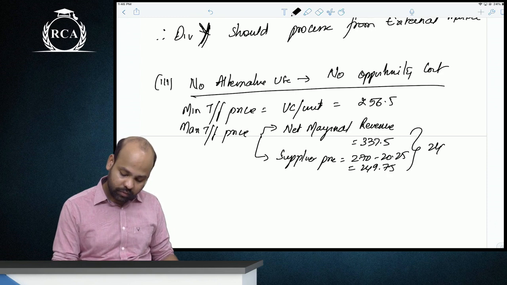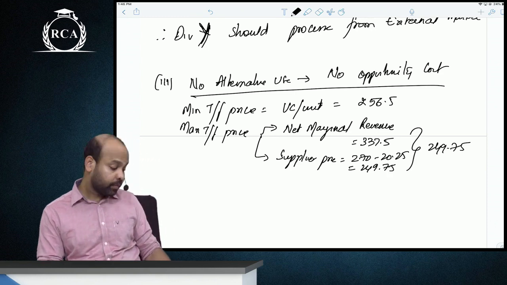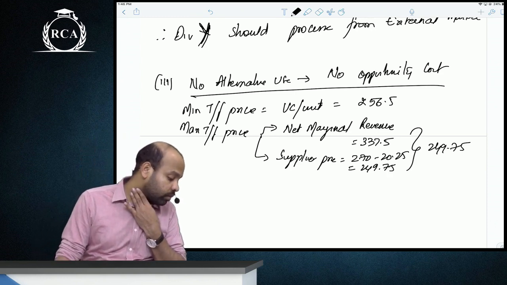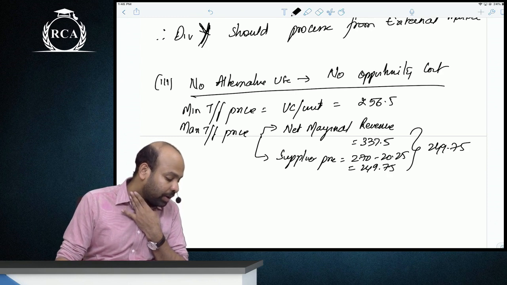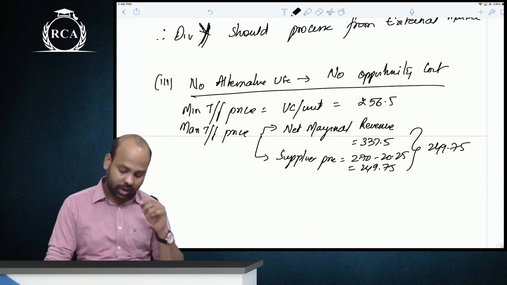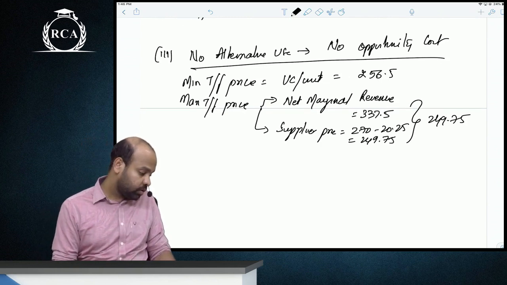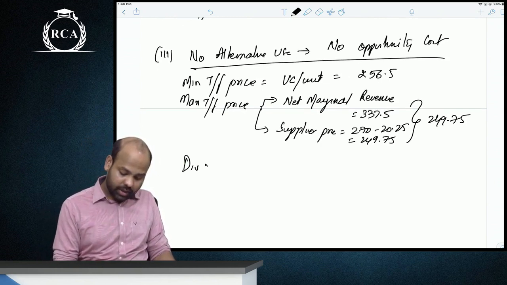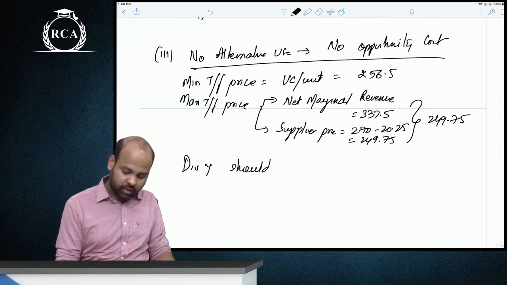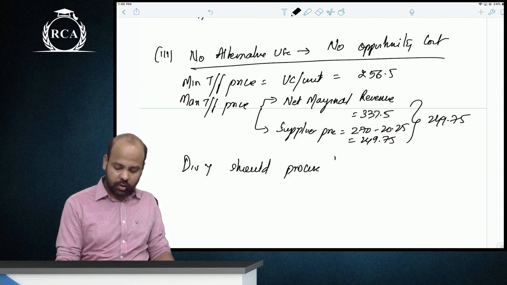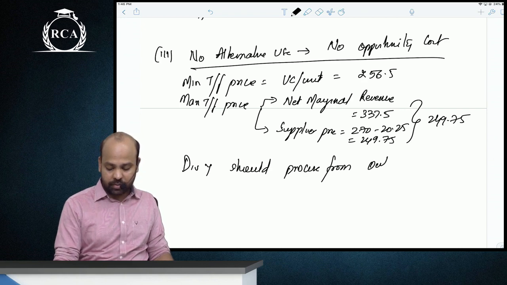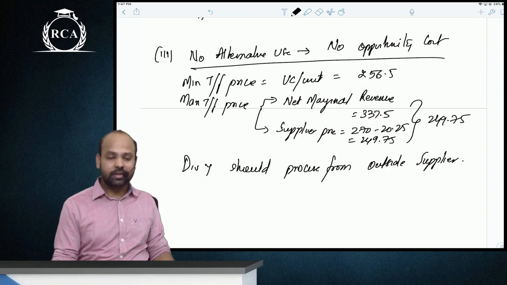So the maximum transfer price is 249.75. What should you do? Division Y should procure from the outside supplier.